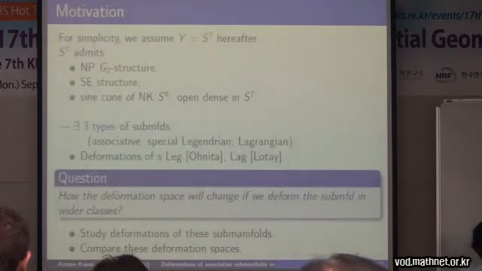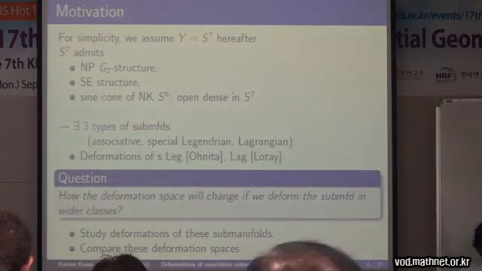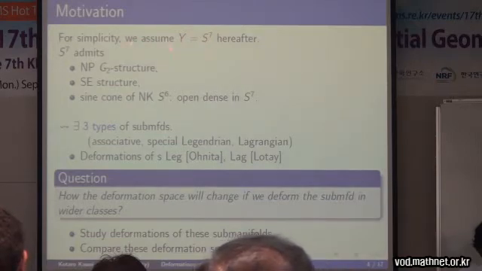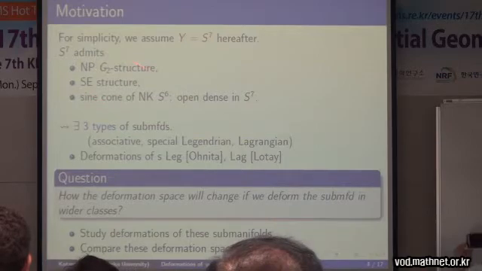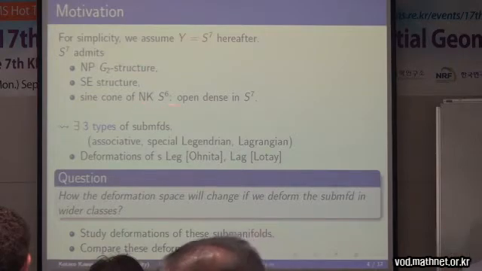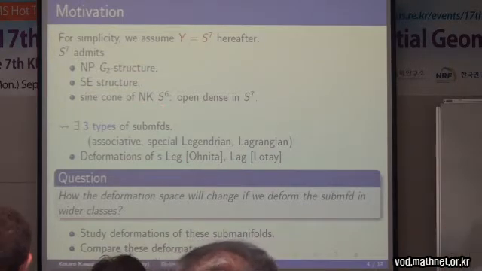Next we explain the motivation of today's talk. We want to consider submanifold theory. For simplicity, we assume that the ambient space is S7, the 7-dimensional sphere, hereafter. The 7-sphere admits a nearly parallel G2 structure and a Sasaki-Einstein structure. In addition to these structures, there is a geometric structure coming from S6, the nearly Kähler S6.